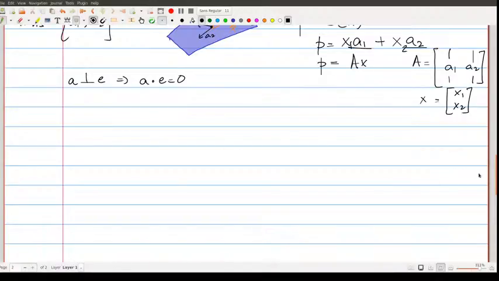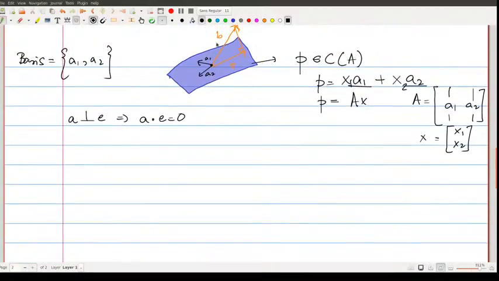All right. So let's come back to the two-dimensional case. In the two-dimensional case, the first thing that we figured out is that the projection vector can be written as A times X. What else do we know?